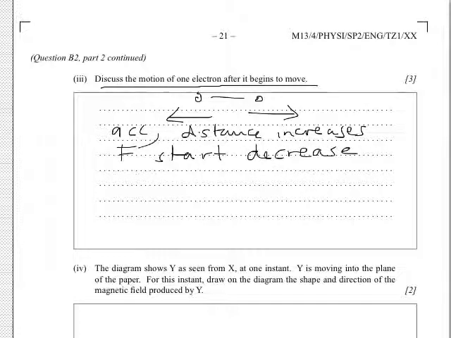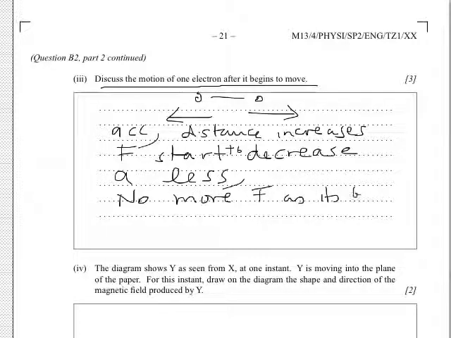Okay, and if the force starts to decrease, then the acceleration would be less until there is no more force, as it's beyond the field. And because it's in a vacuum, there's no air resistance, etc. So it will reach constant speed.